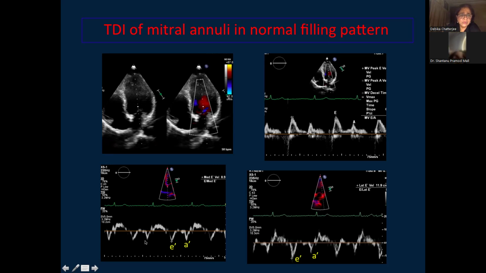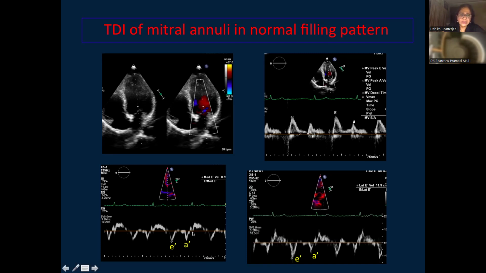The fast diastolic wave is called E prime, which is denoted by E with dash. We say it E prime, and it is equivalent to the early rapid filling phase, that is the E wave. And A prime, it is not the blood flow, it is the annular motion which we are looking.